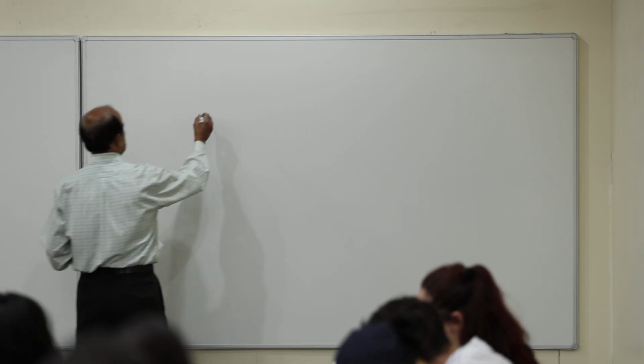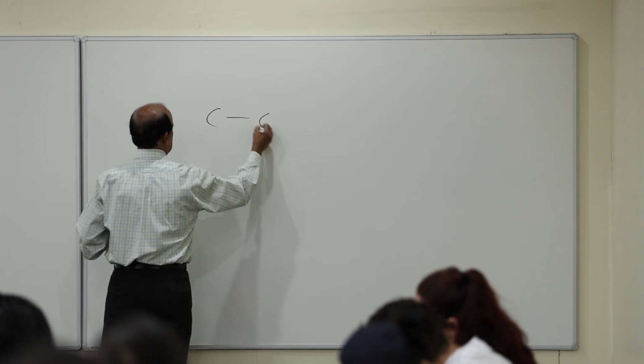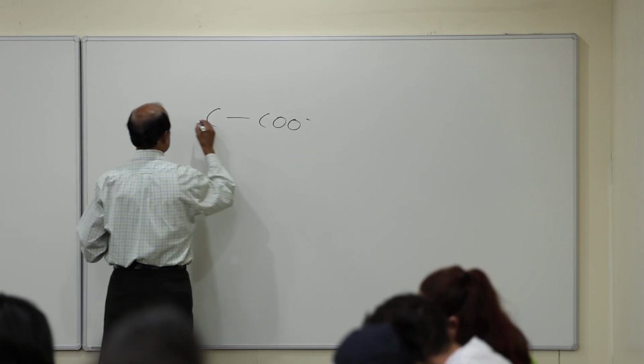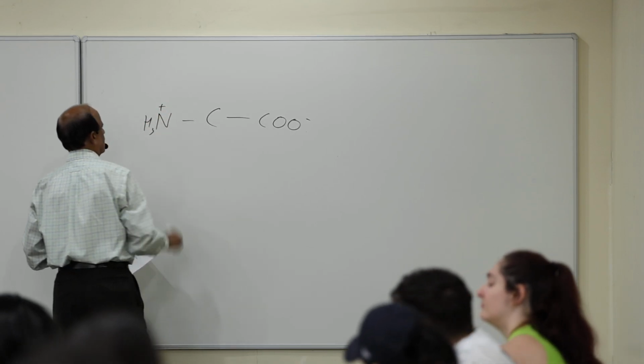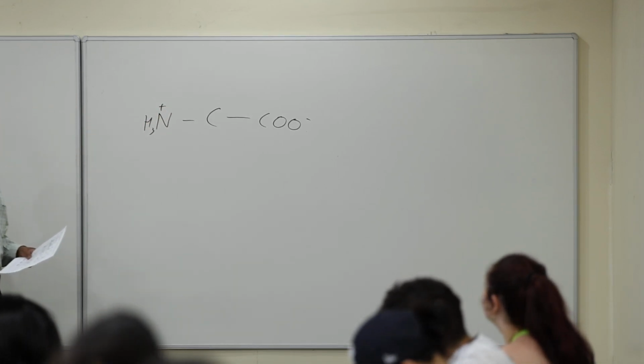If you look in the list of pK values, I gave you a list of pK values, it's in the book also. So all the amino acids are alpha amino acids, as I wrote last time. That means the carboxyl group and the amino group are on the same carbon.